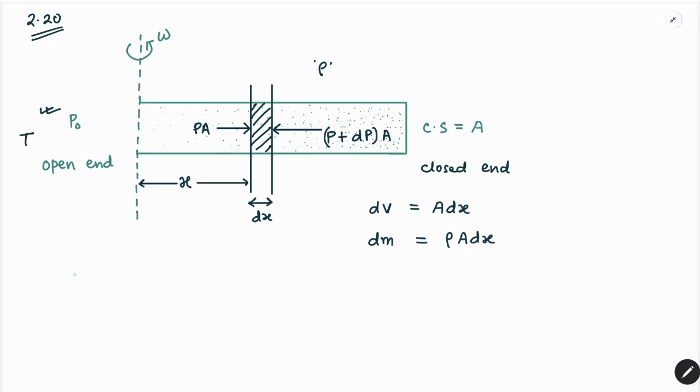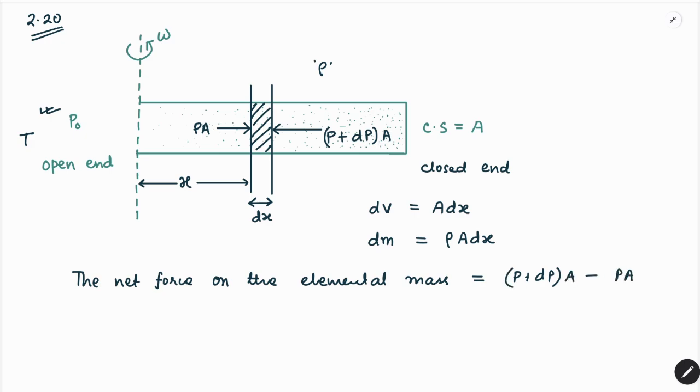So if we calculate the net force on the elemental patch, the net force on the elemental mass is (P plus dP) times A minus P into A, and then we obtain a value dP times A. And then this net force is equal to m omega square r.